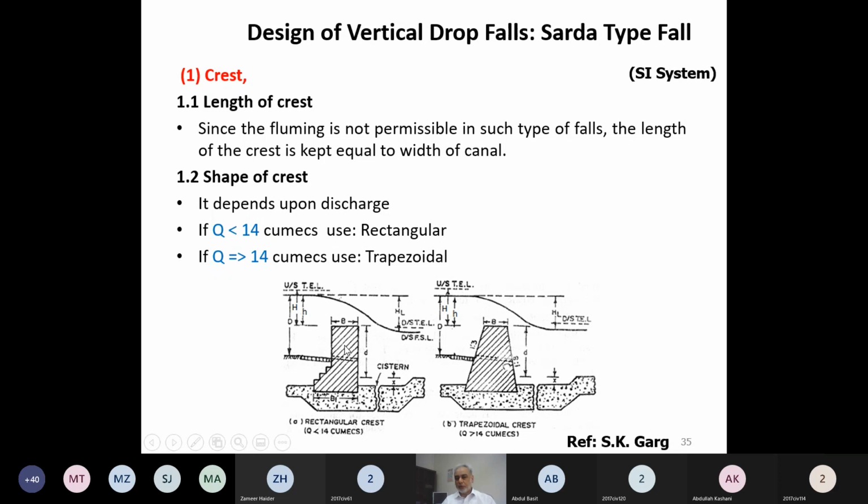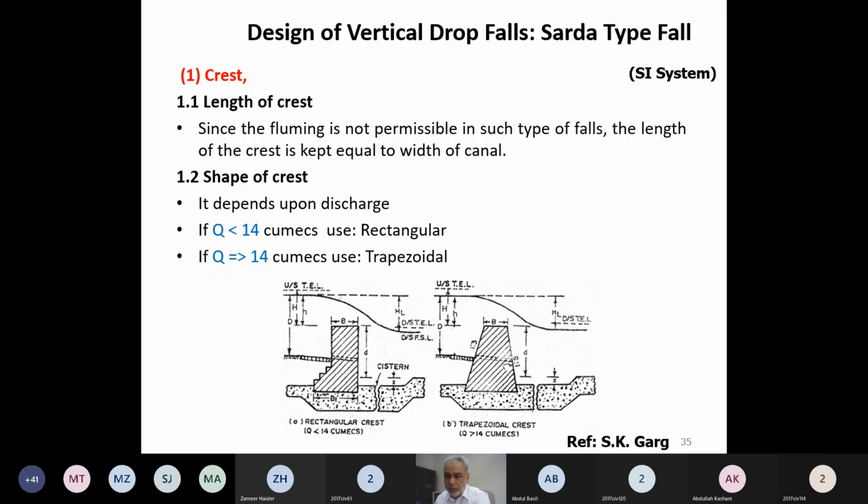If the canal is rectangular, all the width is covered with the fall crest. But if the canal is trapezoidal, then we make the canal rectangular where we have to provide this canal fall. So at the location of the canal fall, usually the trapezoidal channel is also made as a rectangular channel.